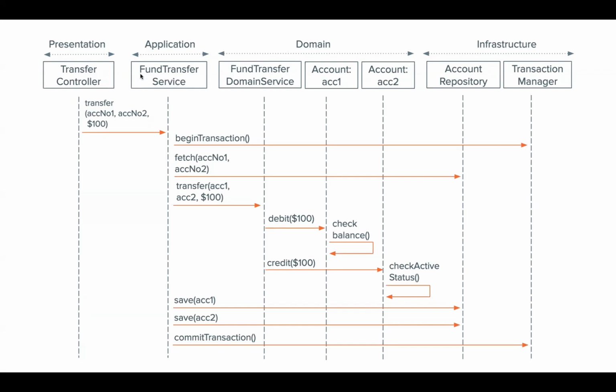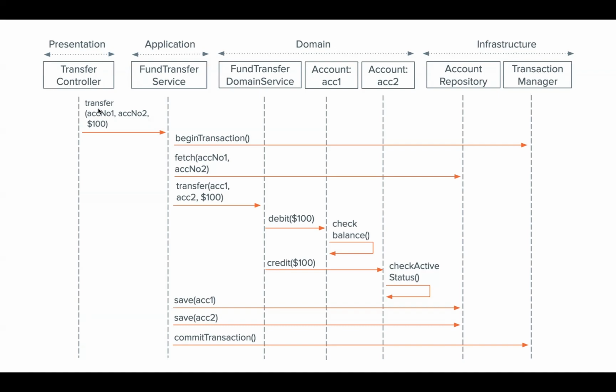We may have a fund transfer service class in the application layer. We may have a fund transfer domain service class in the domain layer. We would have the 2 account objects, account 1 and account 2, between which the fund transfer needs to happen. And we would have the account repository class and transaction manager class in the infrastructure layer.